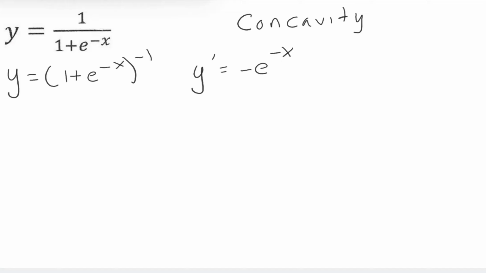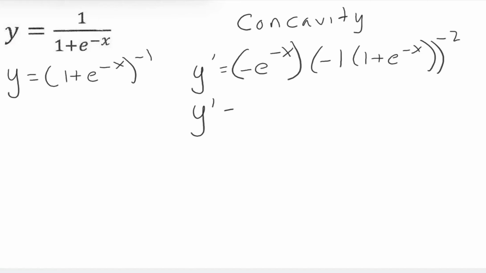So that's the derivative of the inside. And then the outside, I have negative 1 plus e to the negative x to the negative second power. So simplifying this down, I get e to the negative x over 1 plus e to the negative x, squared.